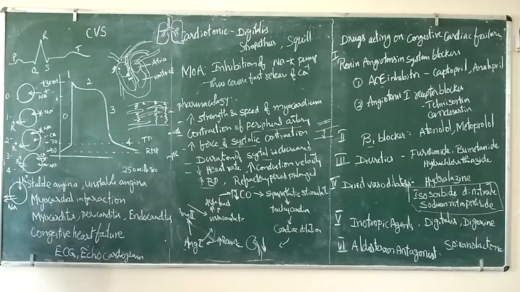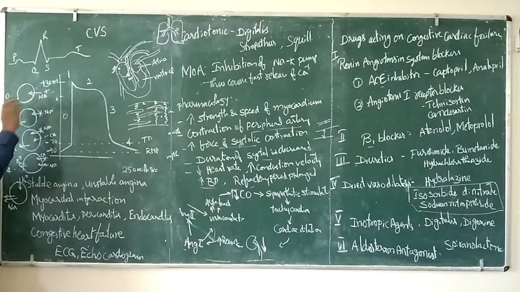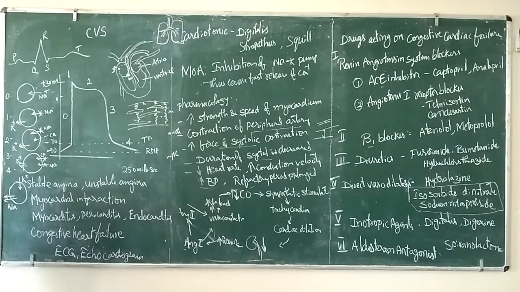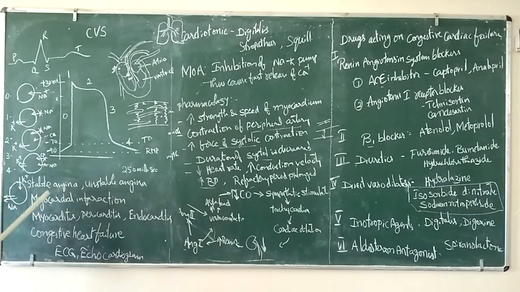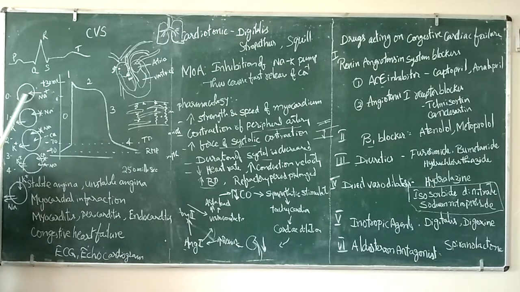Actually the cardiac cell is not round; only for understanding purposes I draw this, but cardiac muscles are seen like this. The entry of sodium is said to be the depolarization, so this phase 0 is the depolarization.